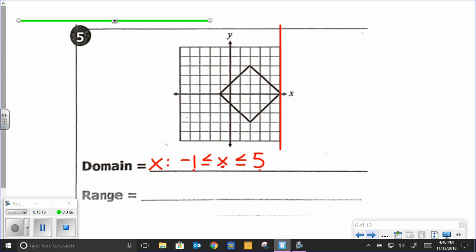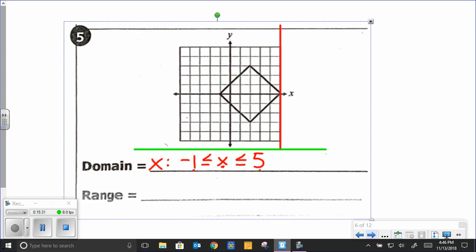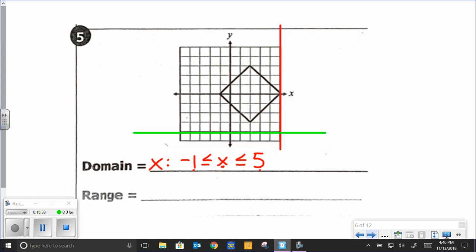We're going to do the exact same thing now for our range. We're going to start from the bottom to the top. Where we start at the bottom, right here is where it starts. That's -1, 2, 3. So Y colon -3.